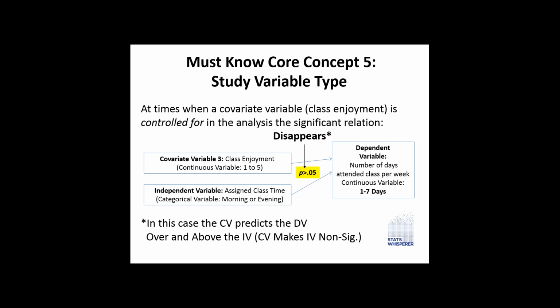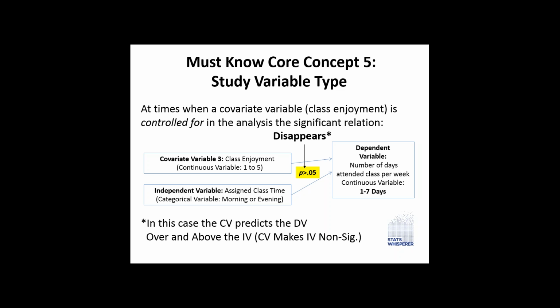What happened is the relationship between assigned class time and attendance was explained by class enjoyment. That means if you enjoy the class, it doesn't matter what time you were assigned the class. So if we walked away without controlling for the covariate, we would have been misinformed.